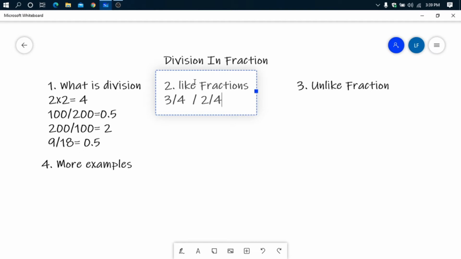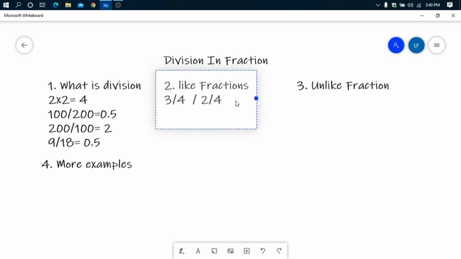Whenever we get a sum like this, we should always take the reciprocal of the second fraction. You just leave the first fraction, take the second fraction and take the reciprocal of it.